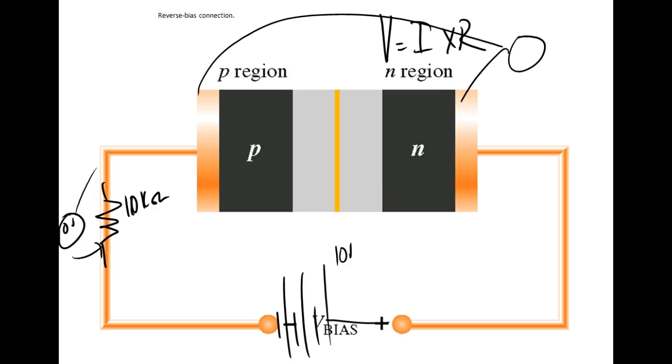You say, what about that resistor? To get a voltage drop across a resistor, it has to have current flow through it. So the resistor's not dropping any voltage. That's basically taking this negative and putting it right there, and this positive right there. There's nothing else in the circuit dropping voltage, so my diode would measure the applied voltage when it's reverse biased.